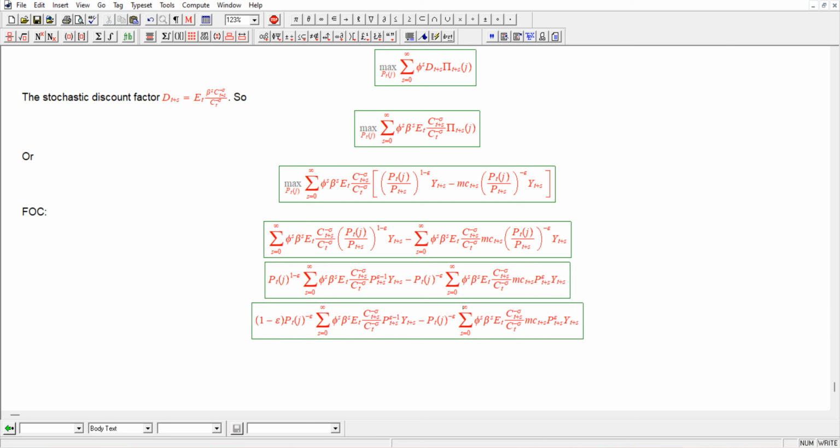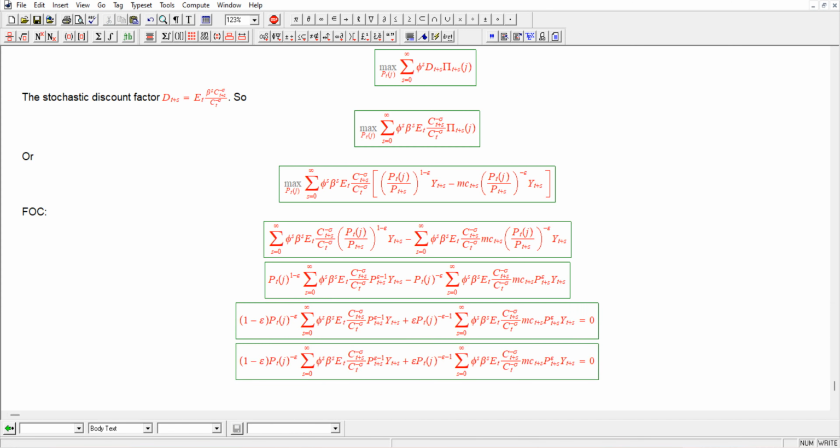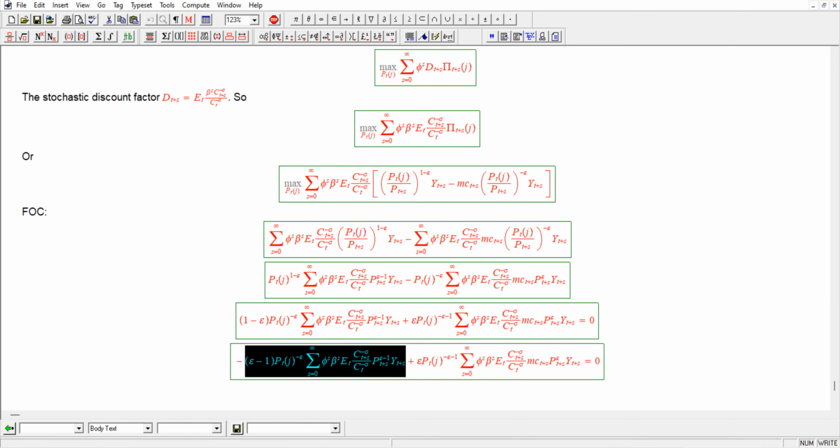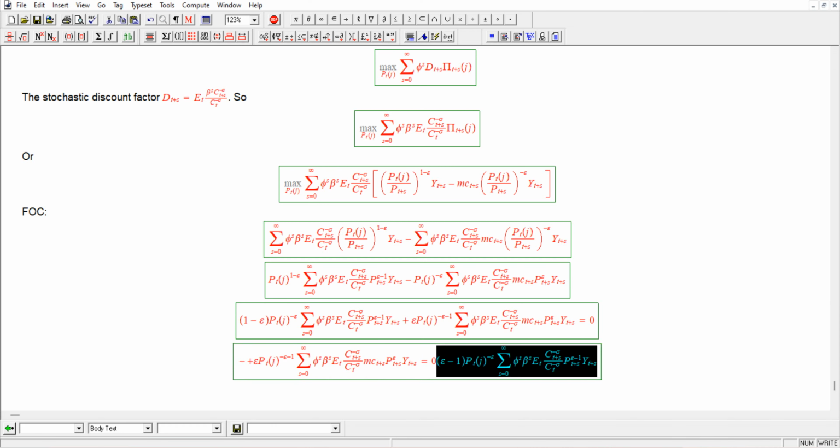Same here, we multiply this by minus epsilon, so we get plus epsilon, and subtract 1 from the exponent, and all this has to equal 0. Now, if we multiply this by minus 1, we get minus epsilon minus 1, and that means that we can move all of this over here.